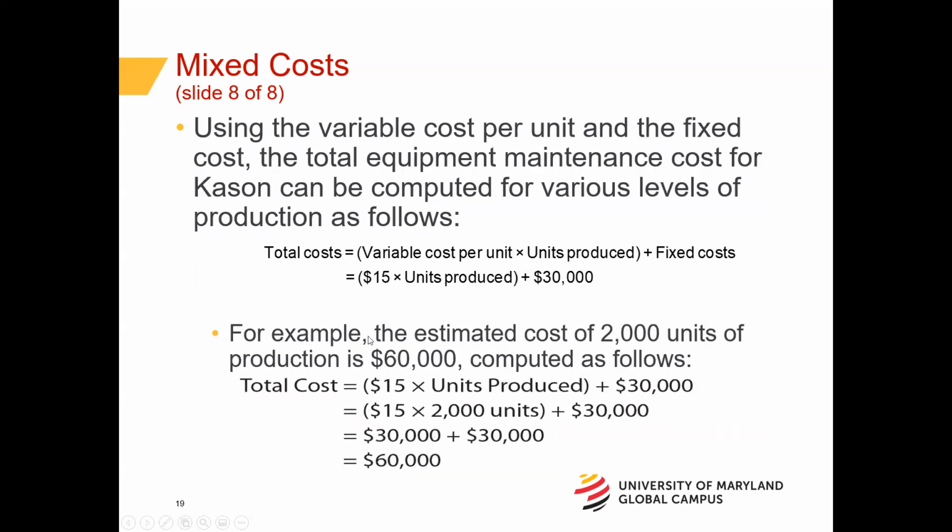So what does that mean? That means our total fixed cost using the high-low method is $30,000. We take our low and our high, and they give us the same result.